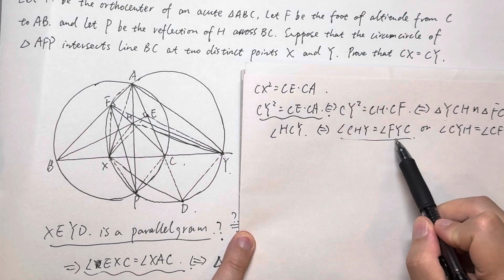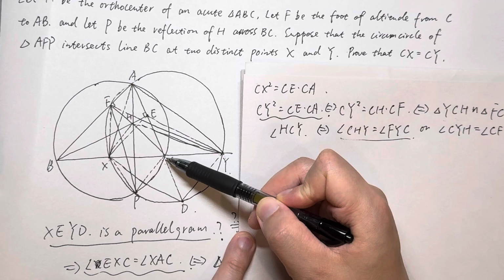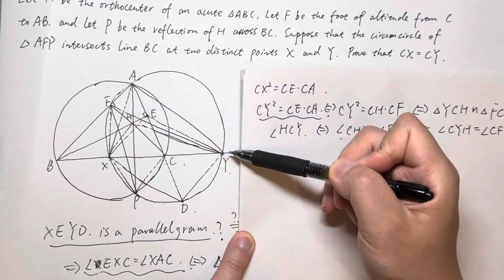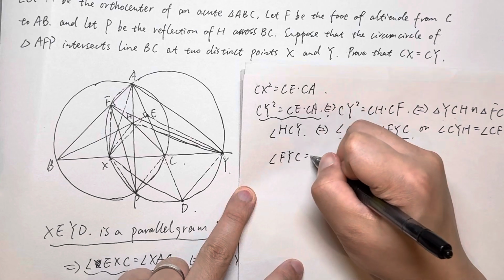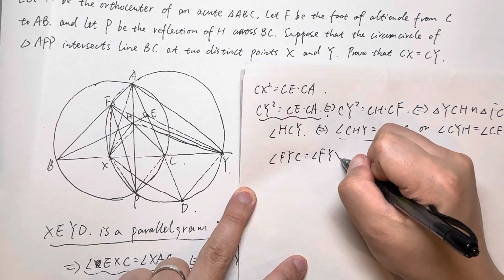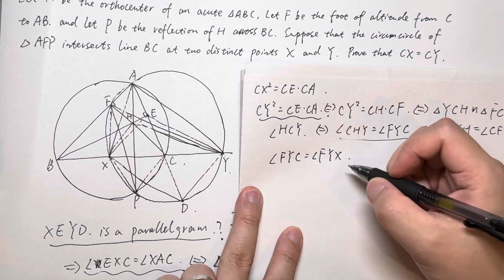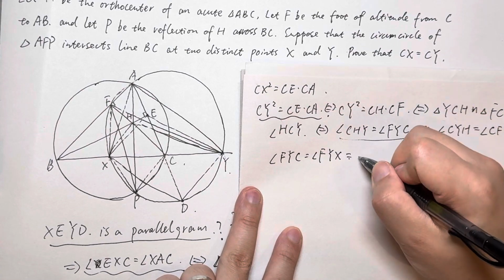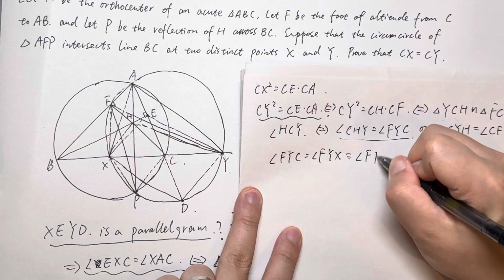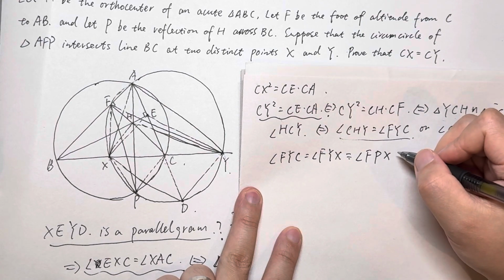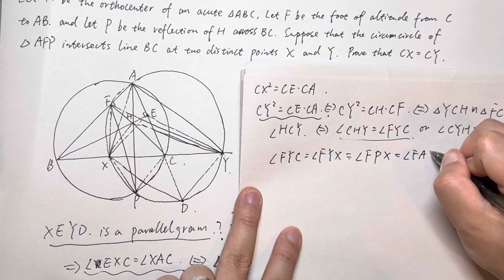Just because angle FYC equals angle FYX, right? Angle FYC equals angle FYX, which equals angle FPX or angle FAX.